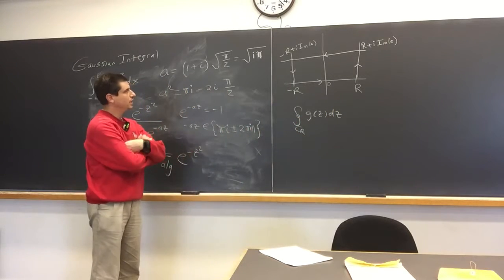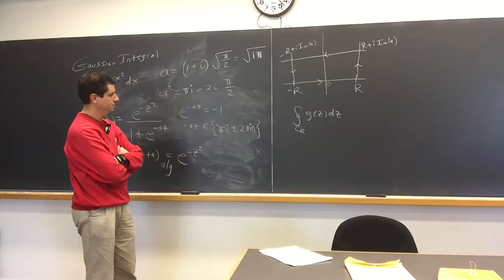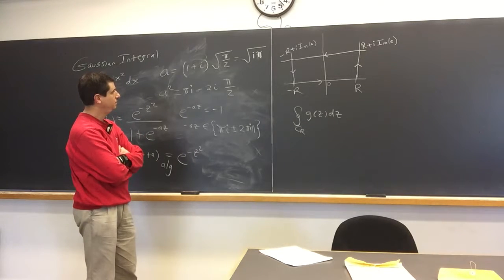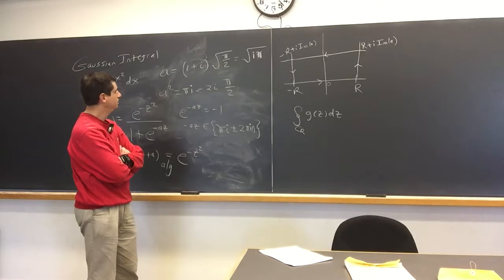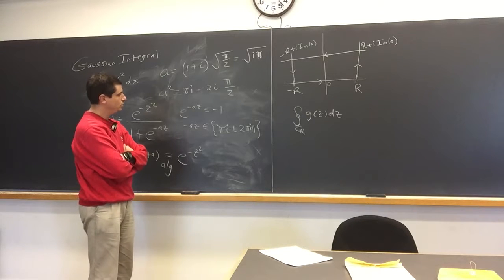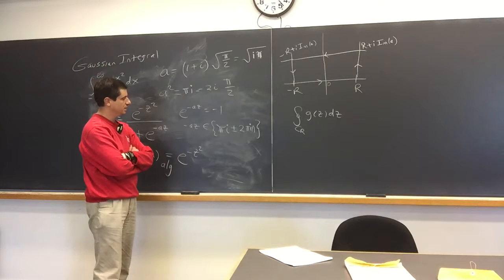Which of these poles are going to lie inside? Like the pi i plus 2 pi i. Yeah, which ones of those are going to lie inside?